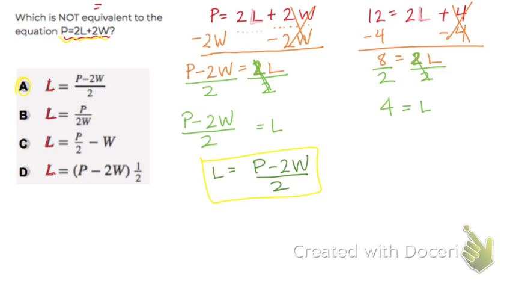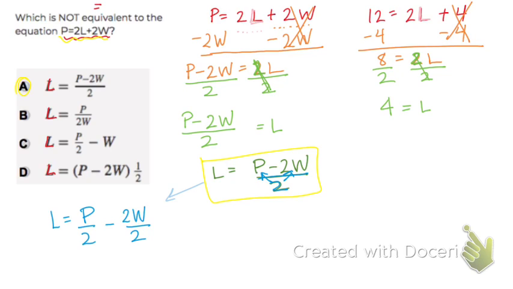So let's think about how we can simplify this a little further and maybe get one of the other choices. What this is saying when you are dividing by 2, is that P is being divided by 2 and this minus 2W is being divided by 2. So let's rewrite that. If we take a closer look at this, we can see that we can simplify it a little further.